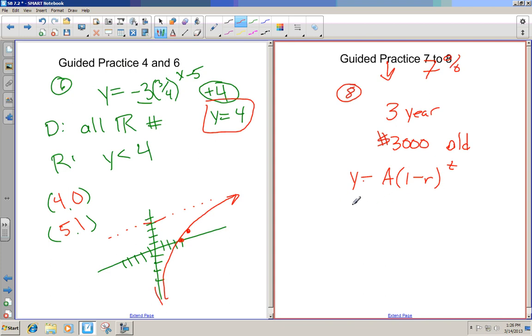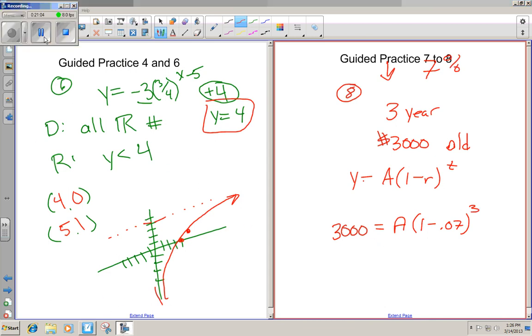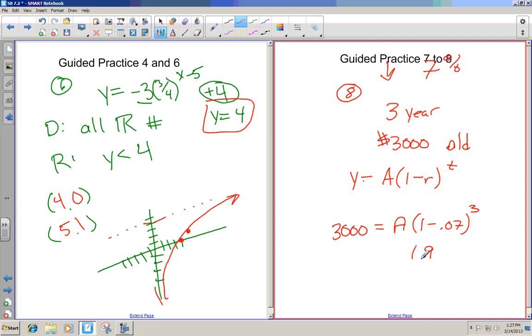So let's look at this. We know that it costs $3,000. We don't know what it originally cost. We do know you're subtracting 7% per year, and that we wanted to do it for 3 years. So when you do the subtraction, it's actually 0.93 to the third power.